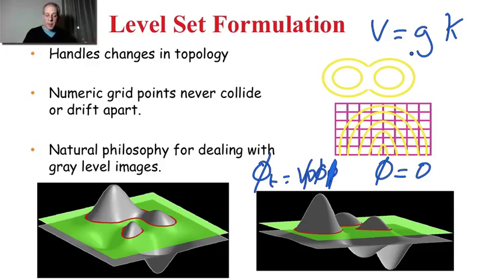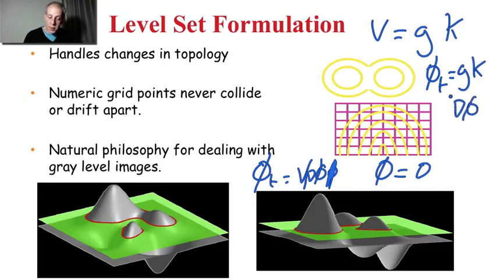So you want to implement active contours, all what you have to do is phi t equal g curvature times the absolute value of the gradient. And we know that the curvature, previous slide, we can also compute as a function of phi. So everything is a function of this surface that is defined on the grid. And that's the beauty of the level sets. It simplifies the whole numerics.